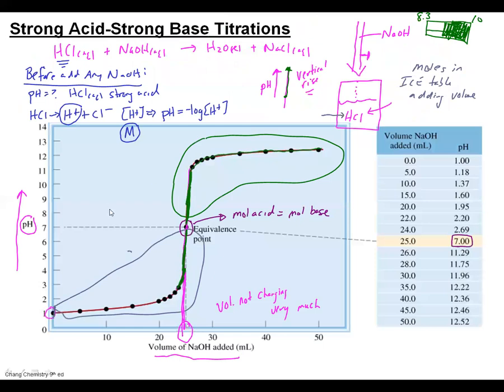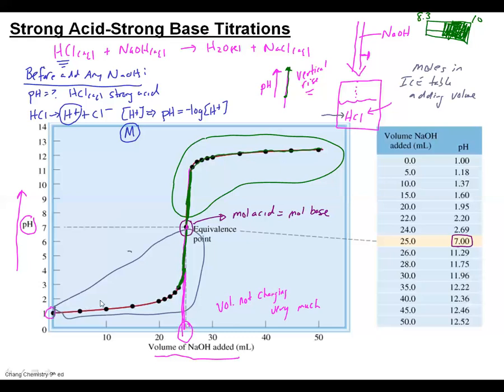So you need to be able to calculate the pH anywhere along this titration curve, or everywhere, if I'm mad at you guys, I suppose, all 132 points. No, you do need to be able to calculate all the points anywhere along the way. Again, before you begin, it's just a strong acid problem right into the pH.